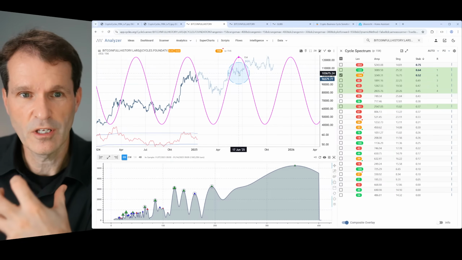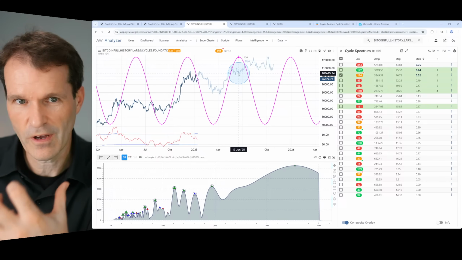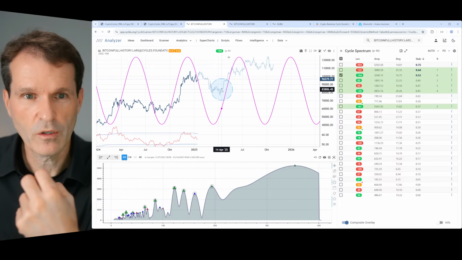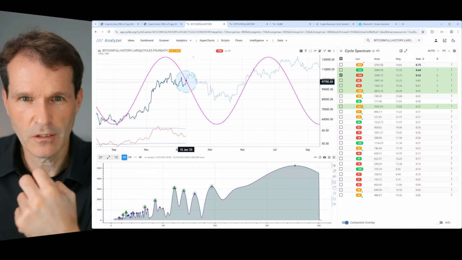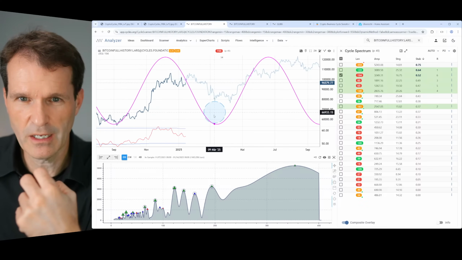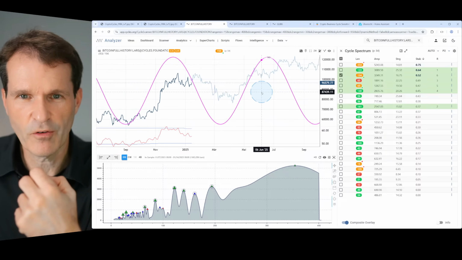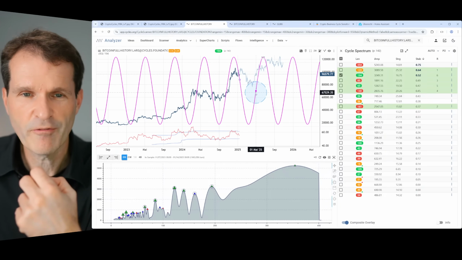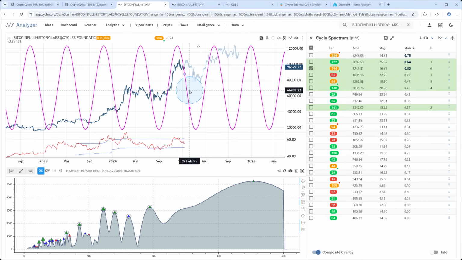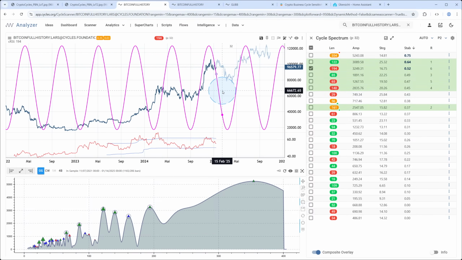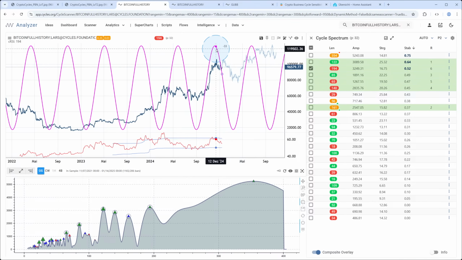Setting this into the context of the count of 5 and the count of 3, we not only could answer the question, okay, here we would expect maybe an interim low or continuation of the downward pressure, and then another top here in the summer of this year. We have been aware of that count because we know that this count was number 4.